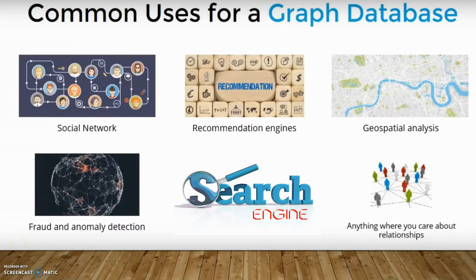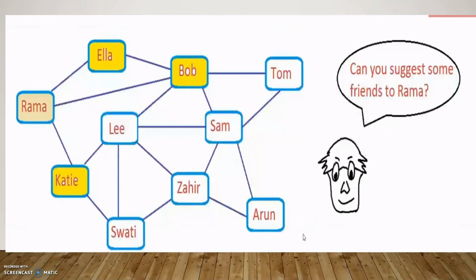Now let's have a look at the common use cases of graph databases. Graph databases are widely used in social networks. Social networking sites like Facebook, LinkedIn, Twitter use a graph database. A social networking site itself is a connection of millions and billions of nodes which are connected with each other. The People You May Know suggestion on Facebook is based on this graph database concept.